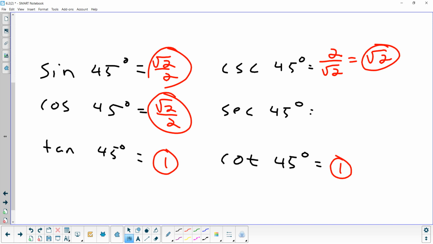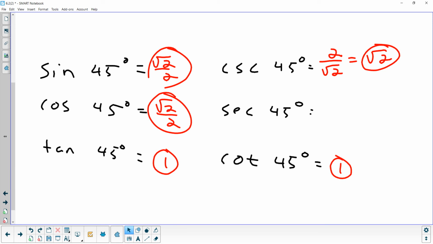What's the secant of 45? Don't think too hard because there's no calculation you have to do. Any work that you need to do for that one has already been done for you. Just look up above. It is square root of 2 over 2.